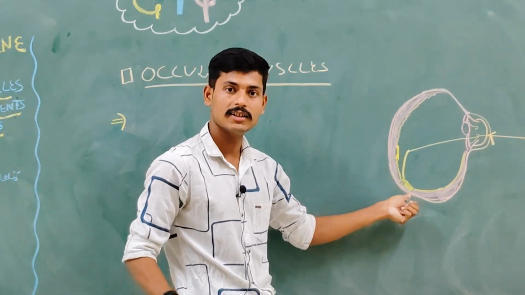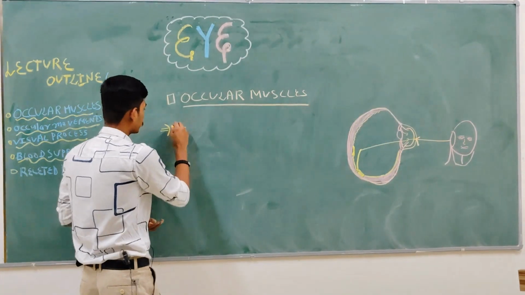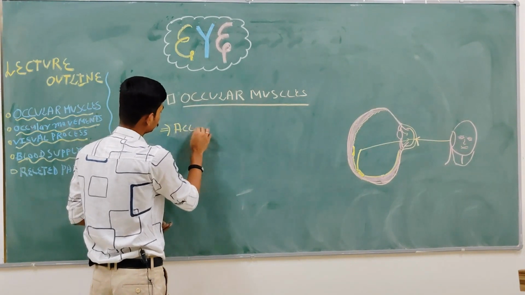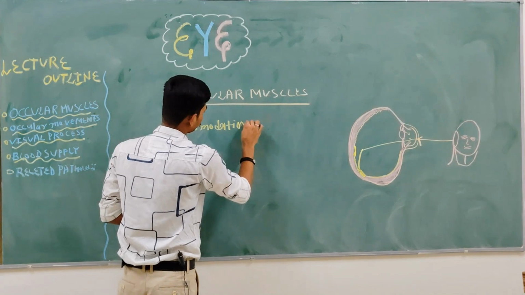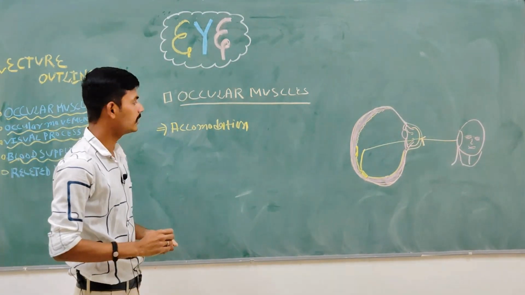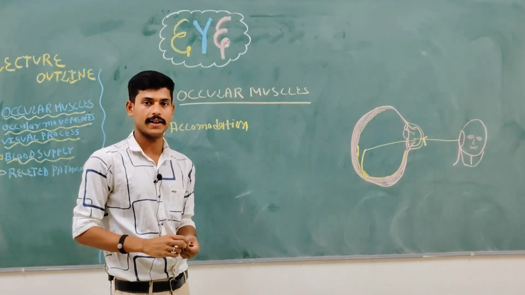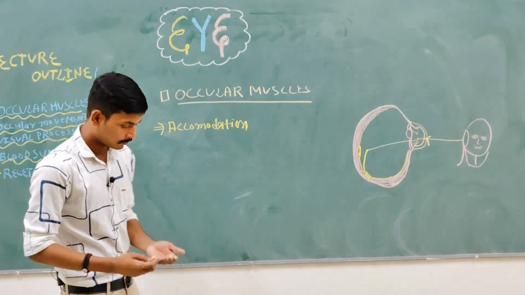This adjustment is called accommodation. Understood? So ocular muscles help in the accommodation of the eye.